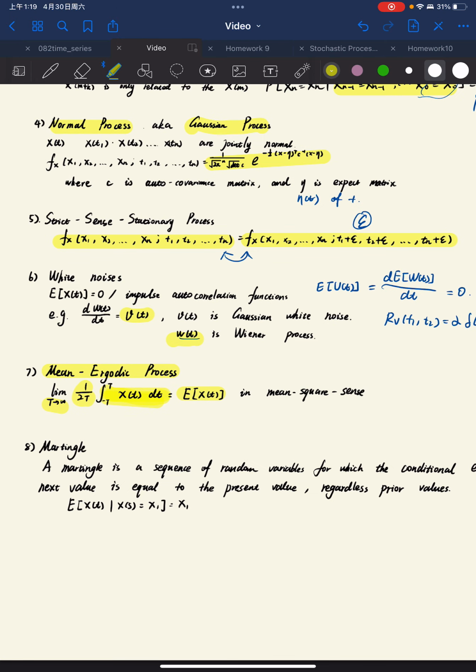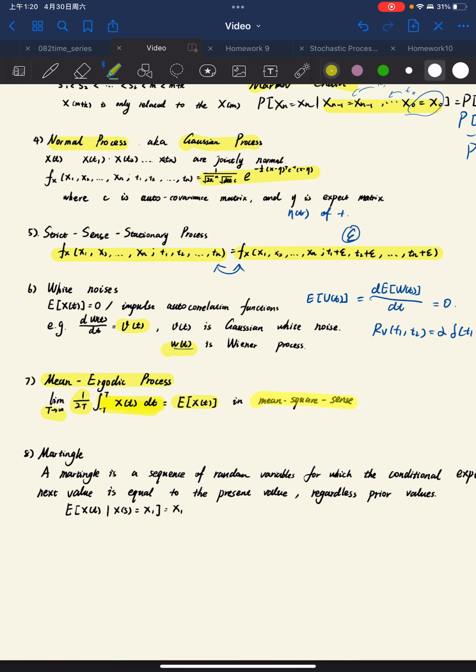We don't talk about other senses, for example, in probability or with probability 1. We just talk about it in the mean square sense.